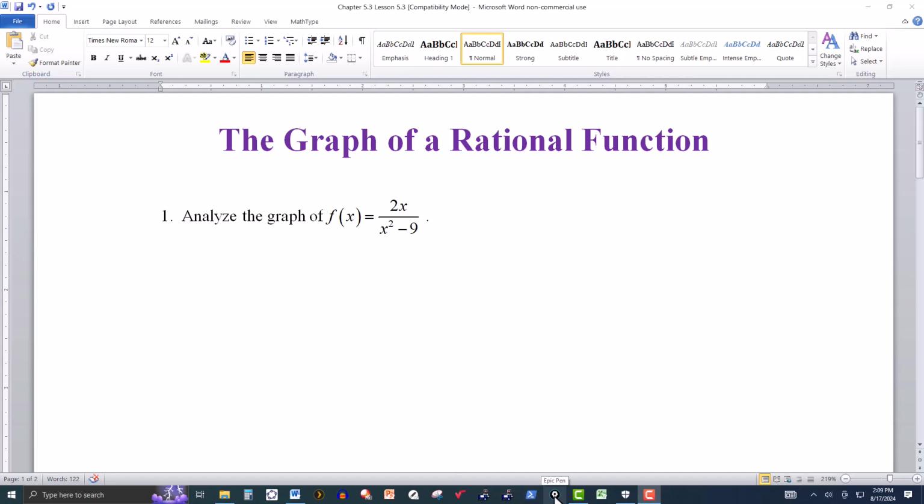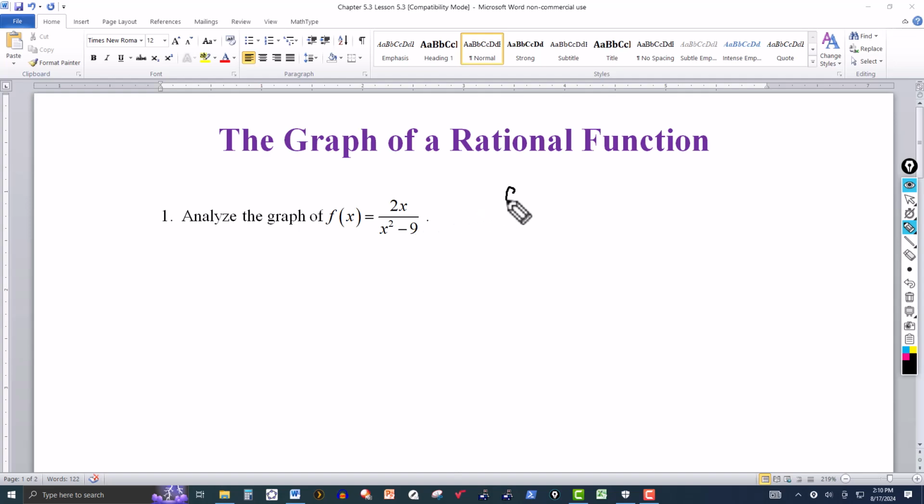Now we're not going to graph it, but we're going to look at some of the details that we want before we graph. So when you sketch the graph of any function, you always want to know, does it have any intercepts, x and y intercepts. Now if you get a rational function like this one here, we know we can have vertical asymptotes, horizontal, or in some cases oblique or slanted ones.